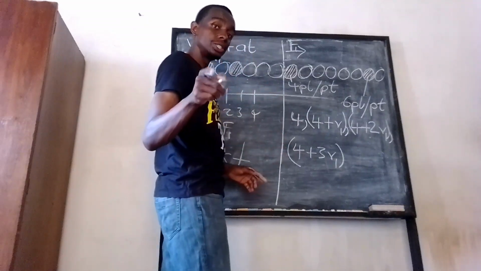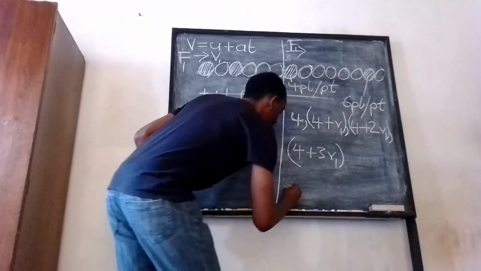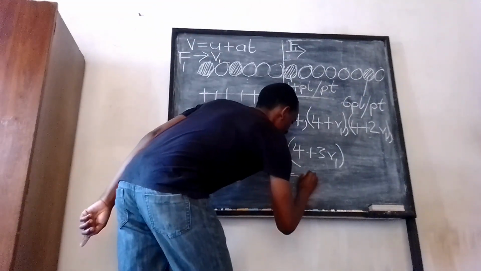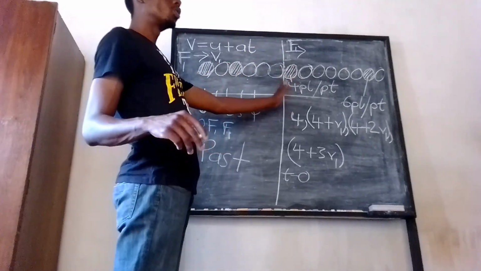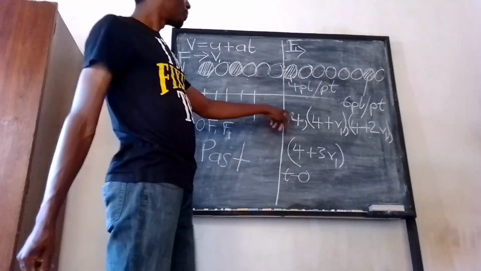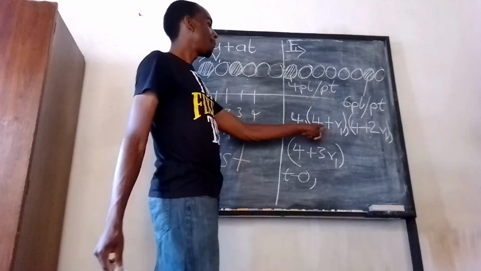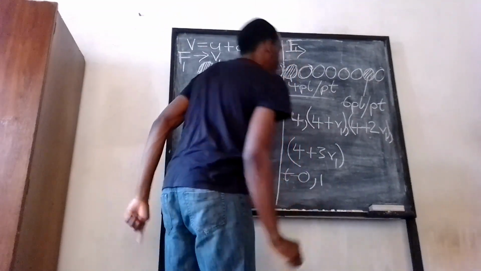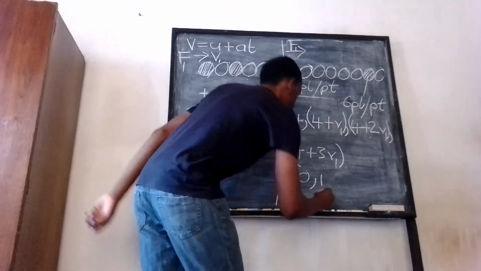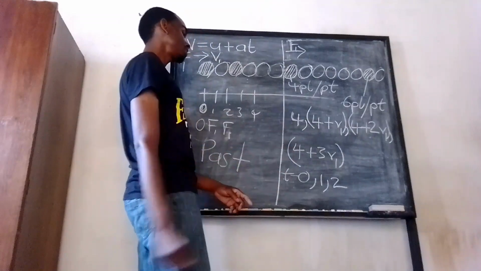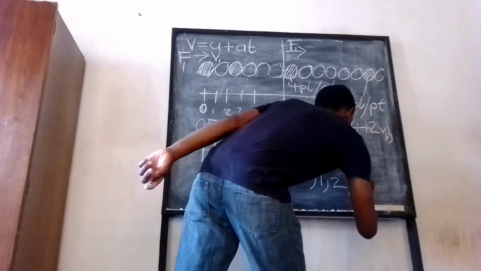Again, we're going to repeat the same procedure. At this point, we're going to label it as t is equal to 0. So we've got a velocity of 4 at t is equal to 0, a velocity of 4 plus V1 at t is equal to 1, a velocity of 4 plus 2V1 at t is equal to 2, and a velocity of 4 plus 3V1 at t is equal to 3.